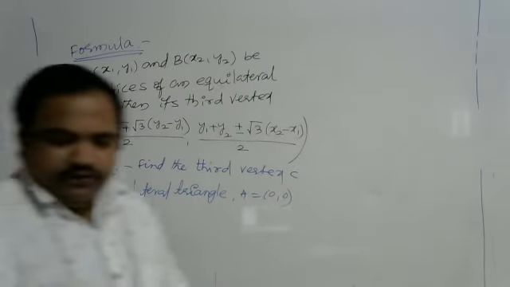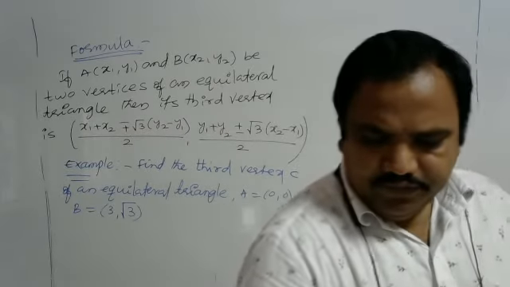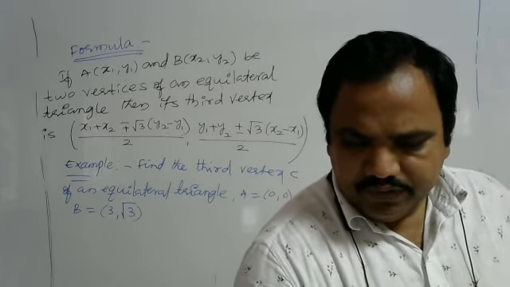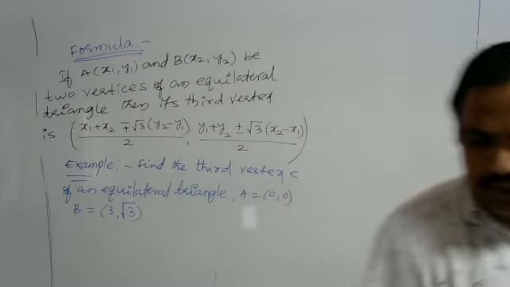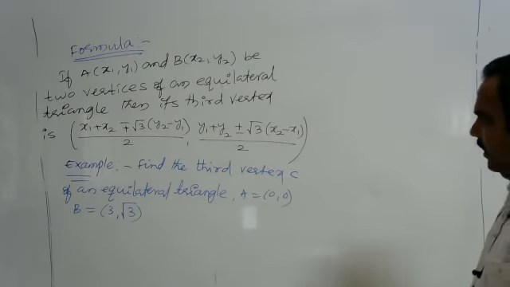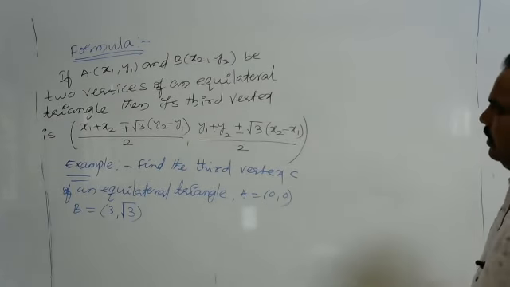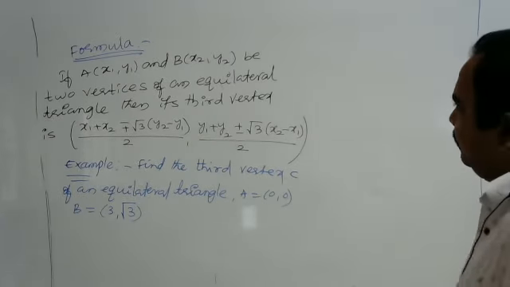Find the third vertex C of the equilateral triangle. A is (x1, y1), B is (x2, y2).